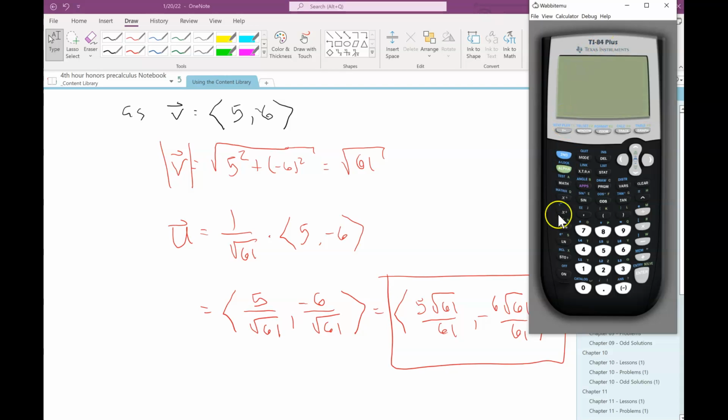We could always check this as well. So again, I'm just going to do the magnitude formula. So I have a squared plus b squared, and I get 1.